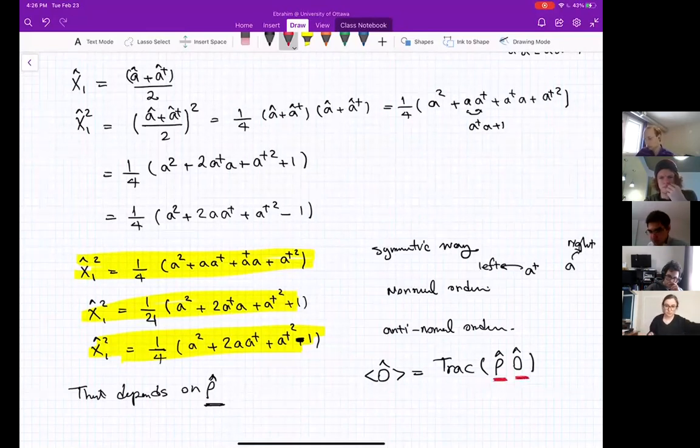These 2 are important. Rho will tell you what the representation for O should be. And then easily you can do the trace. Clear? Excellent.